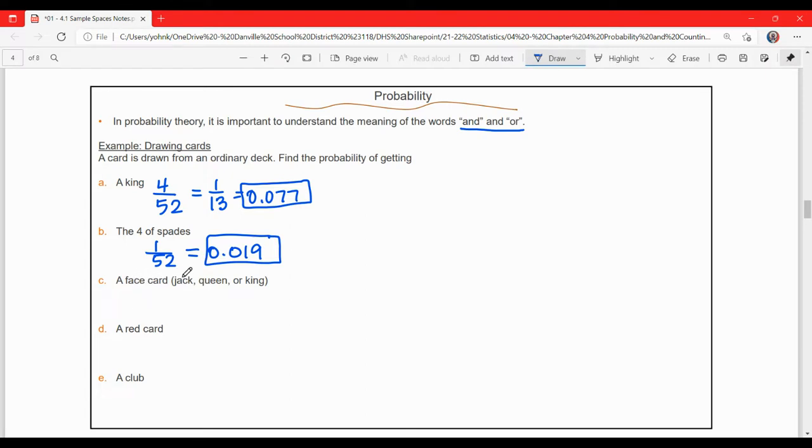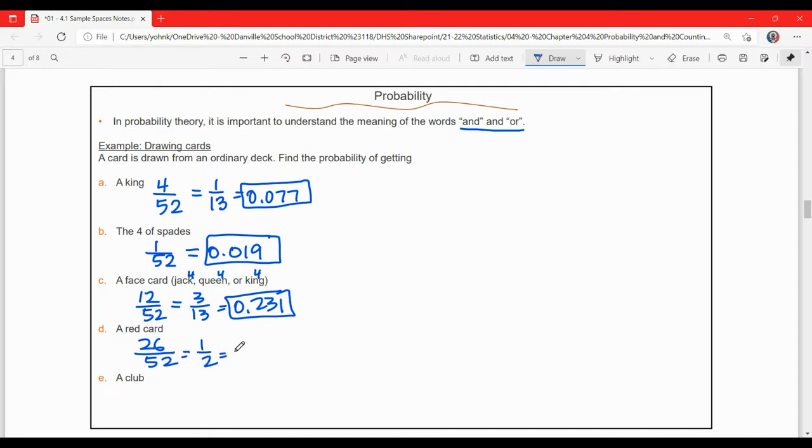All right, probability that you'll pull a face card. There are 4 jacks, 4 queens, and 4 kings. So that's 12 out of 52. Simplified is 3 out of 13, which is 0.231. The probability of a red card, there are 26 red cards out of 52 total.